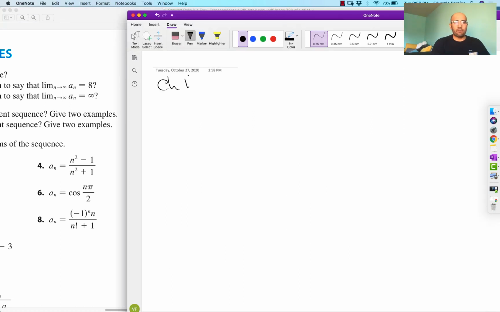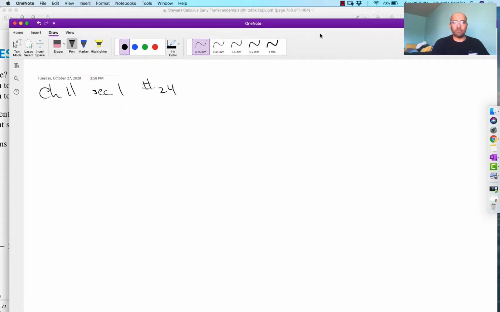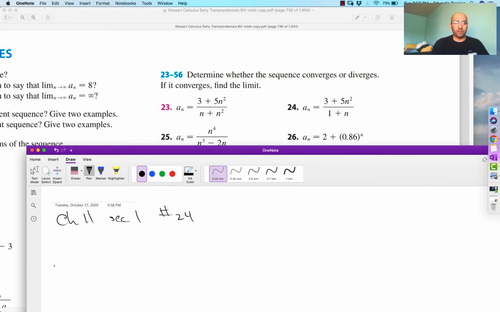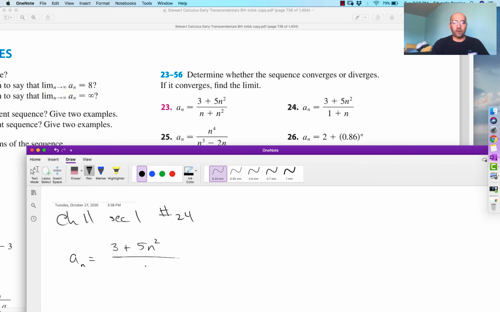Okay, chapter 11, section 1, number 24. There. A sub n equals 3 plus 5n squared all over 1 plus n.